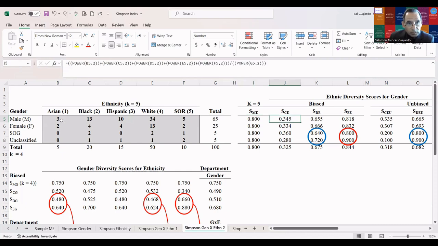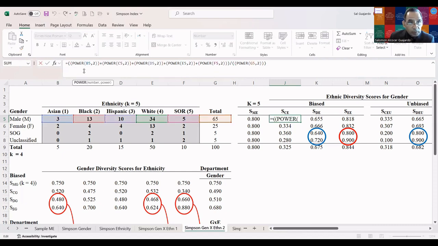Because I'm using frequencies instead of percentages, I'm going to use the power function, which is going to square each cell. So here, for example, I have B5, comma 2, that's for the Asians, 3 times 3. For the black work group, it's going to be C5, comma 2, using the power function, so that's going to be 13 times 13. For the Hispanic males, it's going to be the power, parentheses, D5, comma 2, and parentheses, so it's going to be 10 times 10.